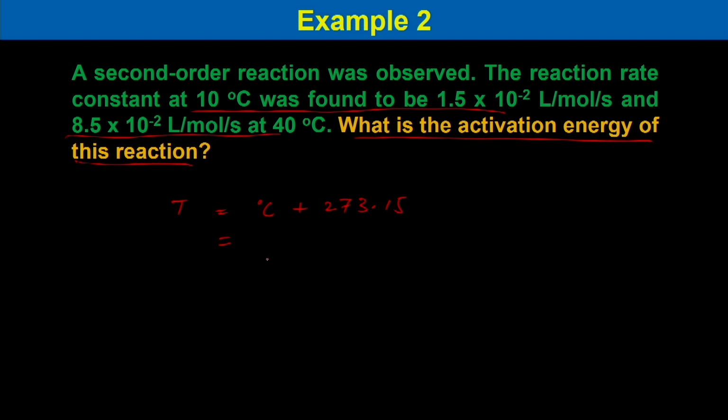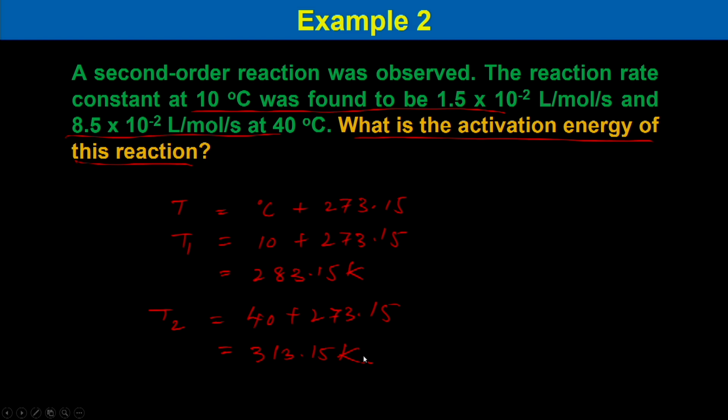So, T1 would be 10 + 273.15, so it is 283.15 Kelvin, and T2 would be 40 + 273.15, so it would be 313.15 Kelvin.